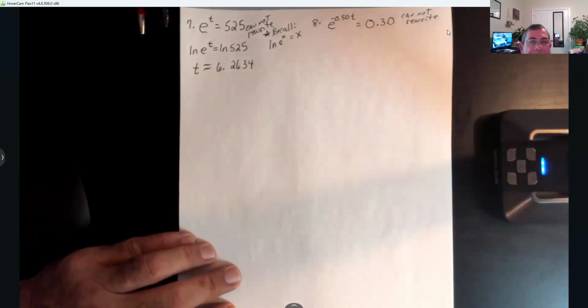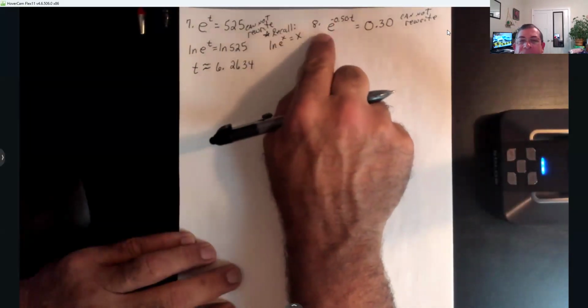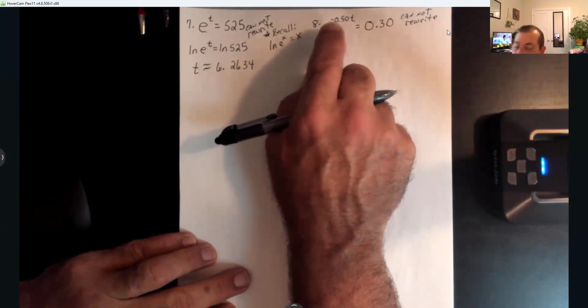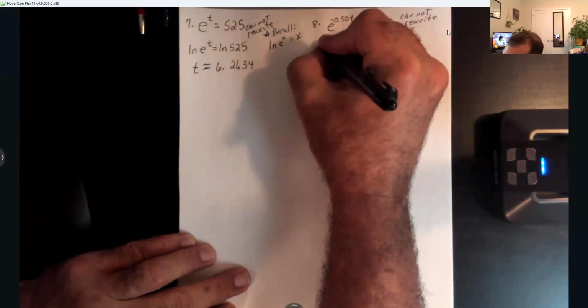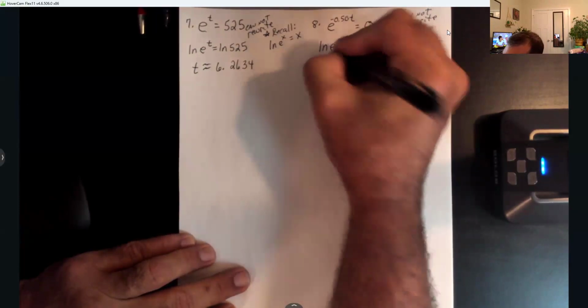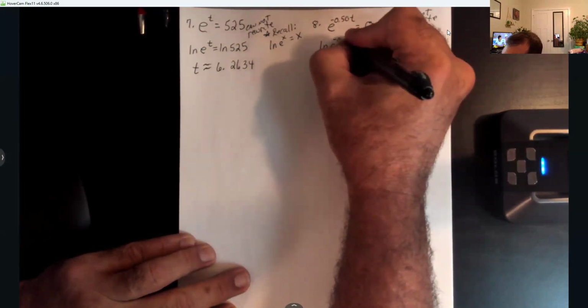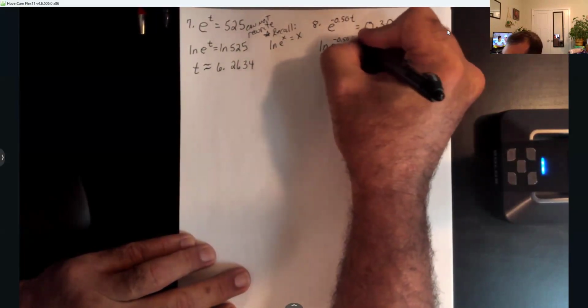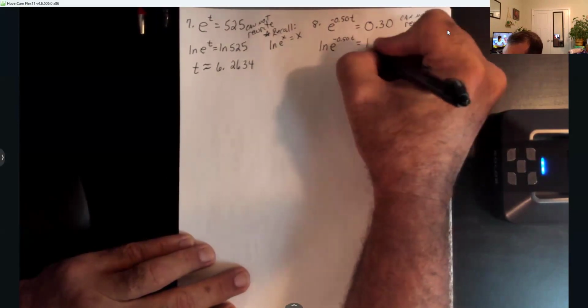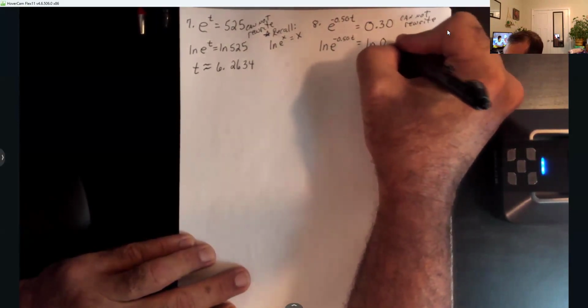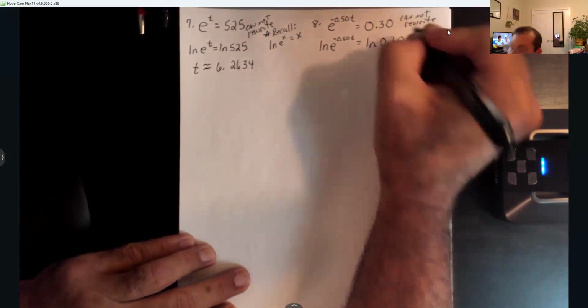So y'all, we're going to take the ln of both sides because we got that e here again. So take the ln, so ln of e to the negative 0.50t will equal the ln of 0.30.